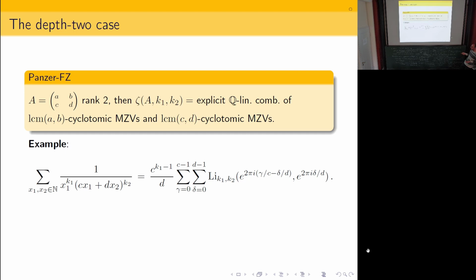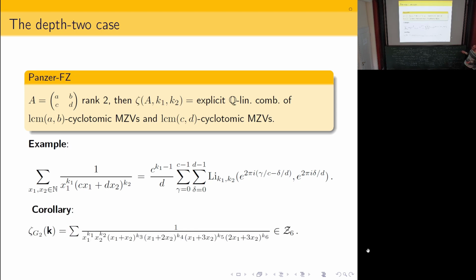So in particular, this is proven by essentially using this kind of homogeneous decompositions and some kind of distribution relation. And the corollary is that the zeta values associated to the root system G2 actually belong to zeta 6 and not to zeta 12.